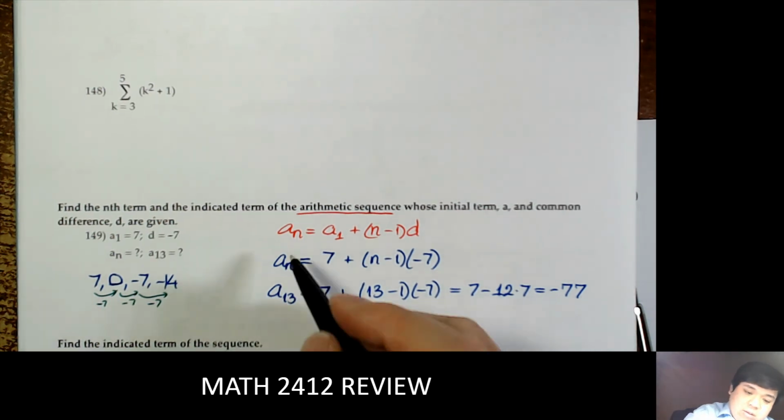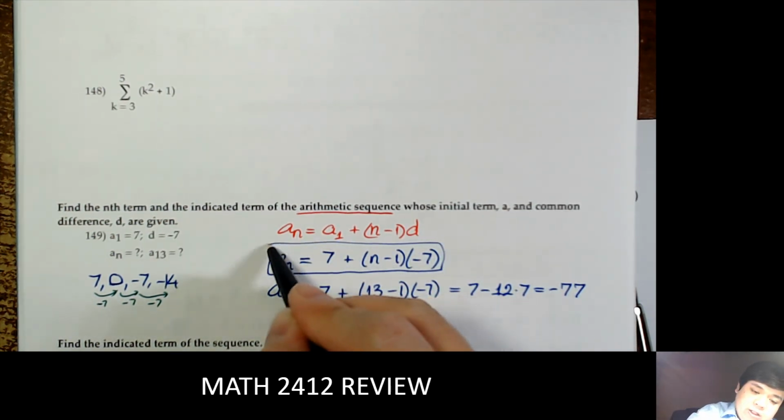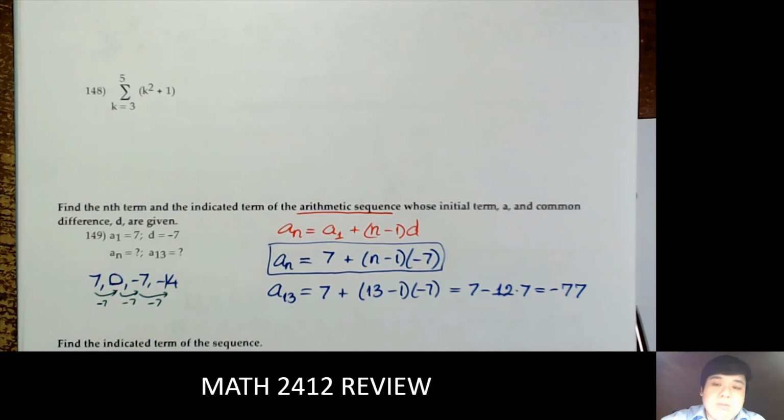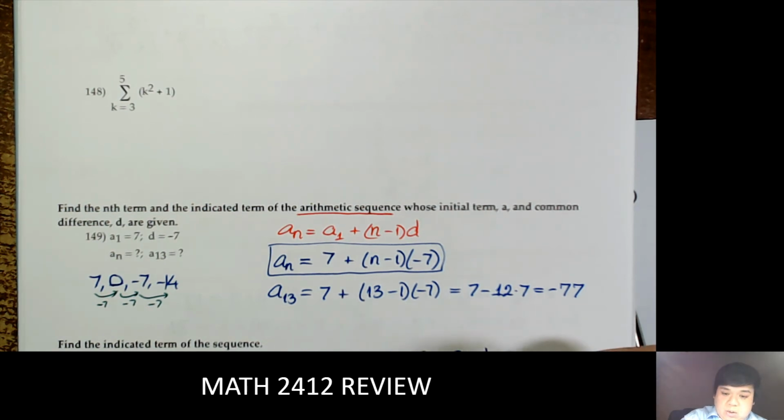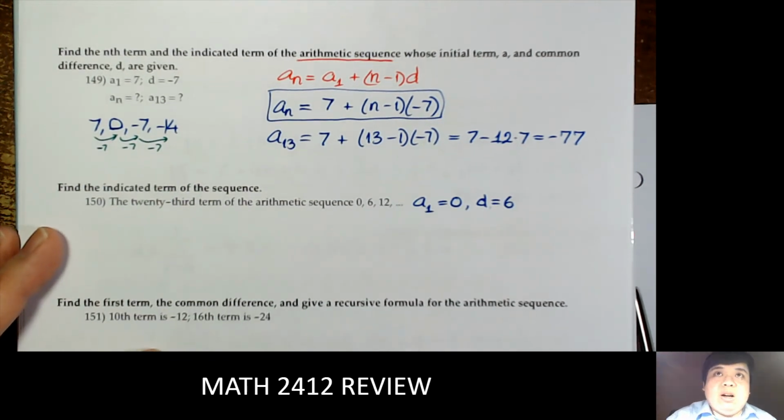By the way, the n-th term, we can use this one. The 23rd term of the arithmetic sequence. So we start with the first term, which is 0. The difference to go from this to the next is going to be 6, because we need to add 6 every time.